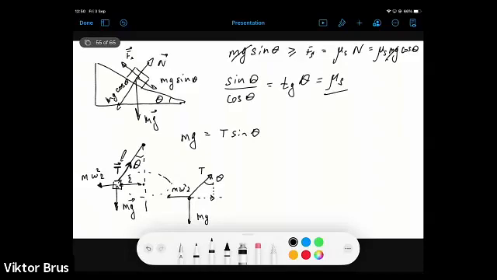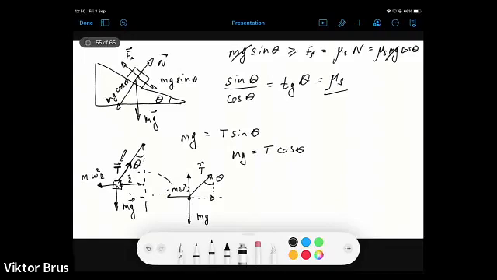And also we need to compensate this weight. So it is compensated by another component of our tension, which is mg is equal to T multiplied by cosine theta.